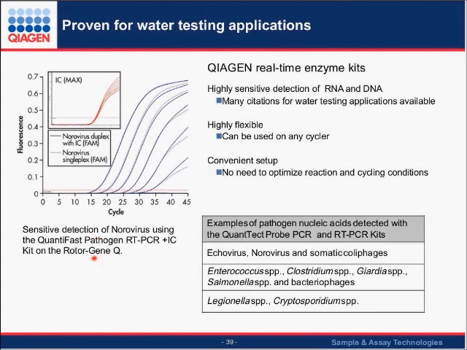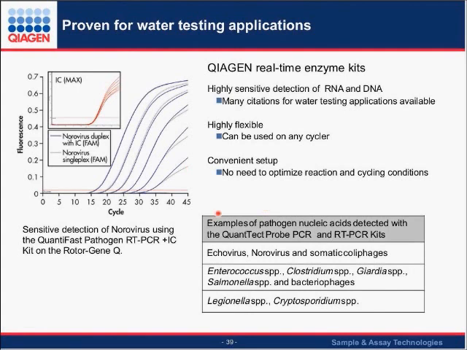This was on the Rotor-Gene, and here we have both duplex and singleplex. This shows that there's no adverse effect of having a duplex reaction in the kit. The duplex has the norovirus probes plus the internal control in the same reaction tube. Here we see a dilution series for the norovirus, and this is just looking at the internal control for all of the samples, and they're all quite similar.